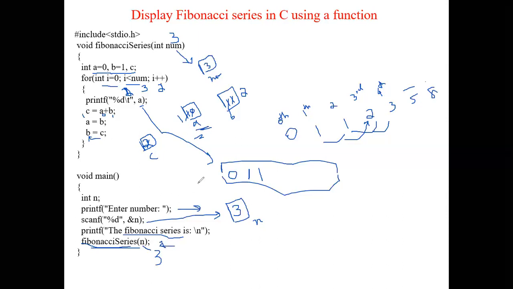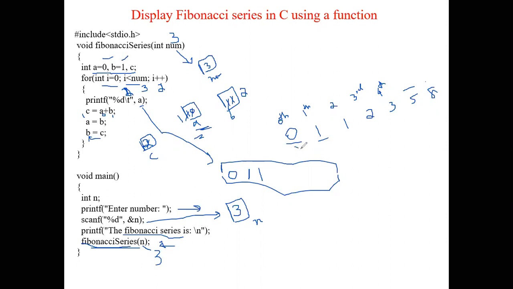In A and B we will be storing the previous two numbers. Always remember, in A and B we are storing the previous two numbers. Initially we are storing 0 and 1, the first two numbers.